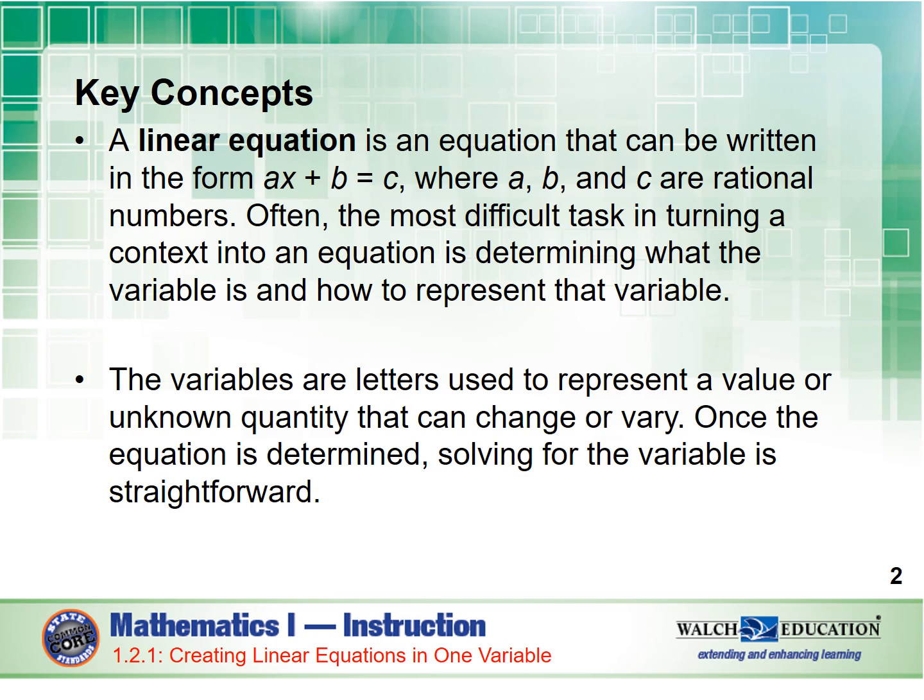So a linear equation is an equation that can be written in the form ax plus b equals c. We have one term here, another term here, and another term here. This term ax has two parts: a coefficient and a variable. b is just a constant, and c is just a number, a constant.